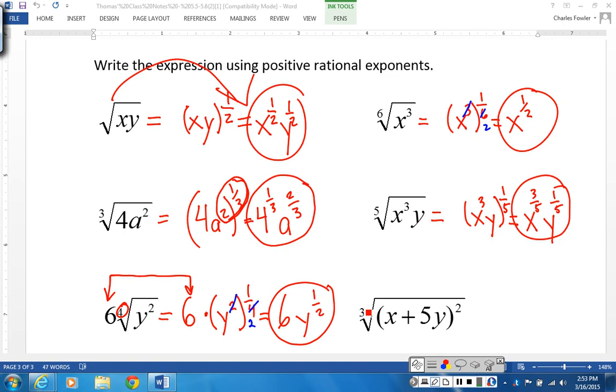Lastly, we have the cube root of x plus 5y squared. Here again, I know that this looks more complicated, but actually it's not. You have x plus 5y squared, but this time it just has a plus sign in the middle, right? So since we already have a parenthesis, I'm going to put a bracket.